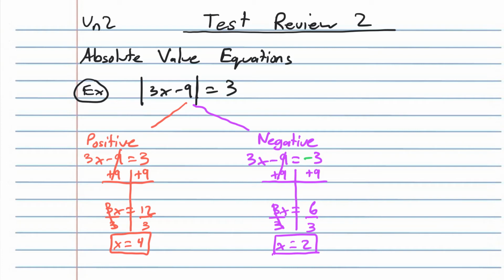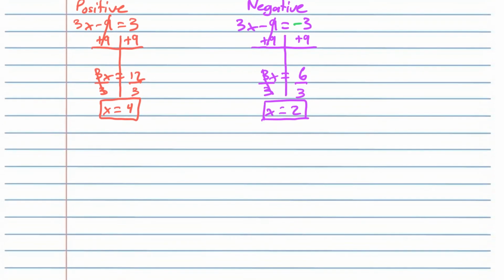It's the same even when these questions get a little bit more complicated. Let me show you what I mean. In scenarios where you have absolute values on both sides, such as |x + 4| = |2x - 7|, this is the same situation. You have absolute value bars, so we're good to go ahead and split it up. In one of the scenarios, we're not going to change a thing.